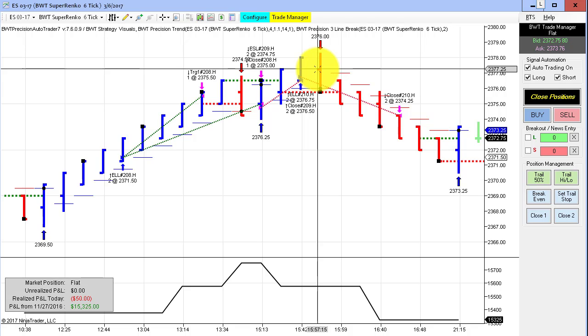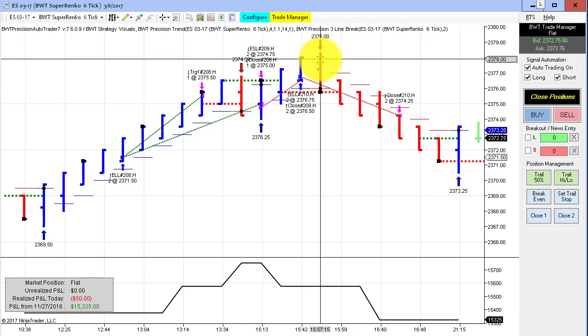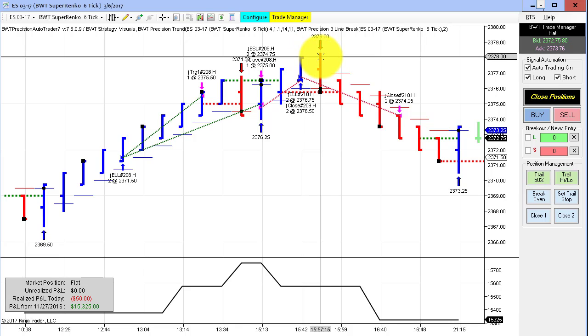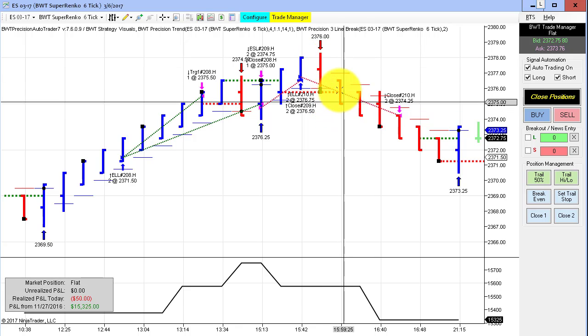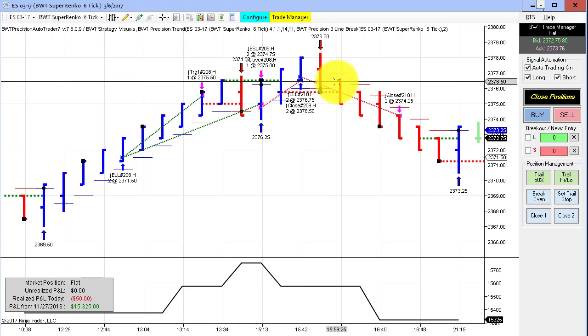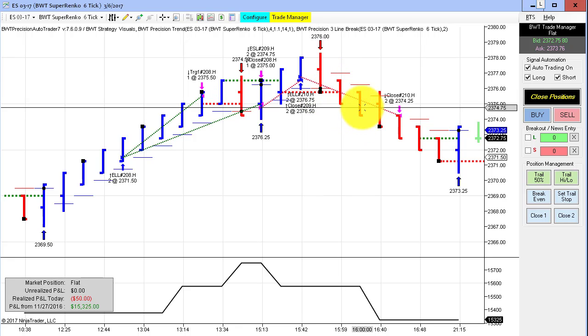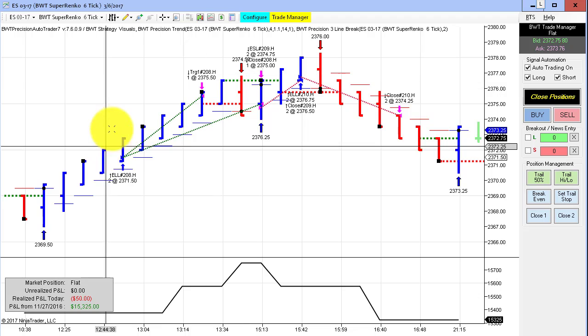The close of the Renko bar here, the opening price of this bar, is actually the same as the close. And same on the next bar. The close of the bar here is at the low of the bar. The open is not here. The open is down here, and so forth.